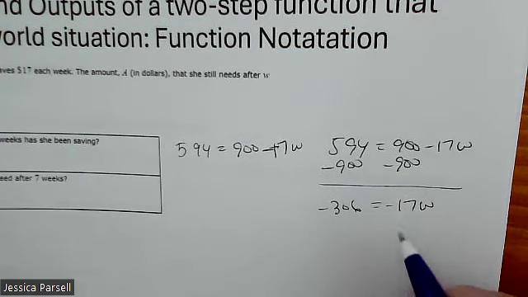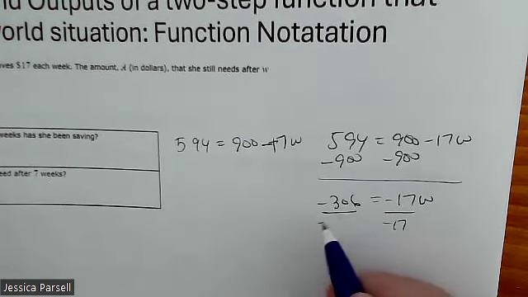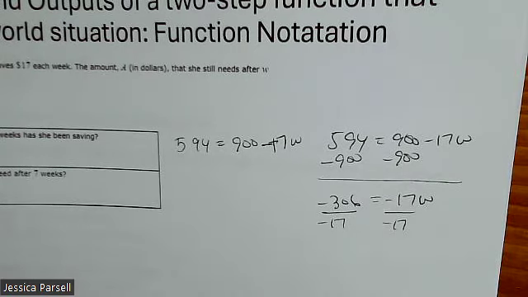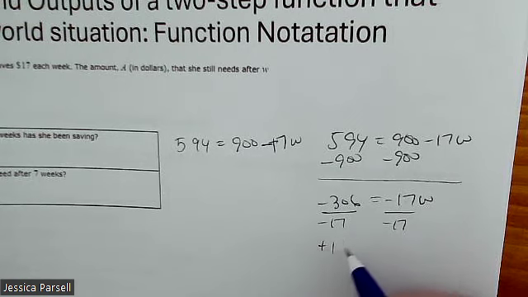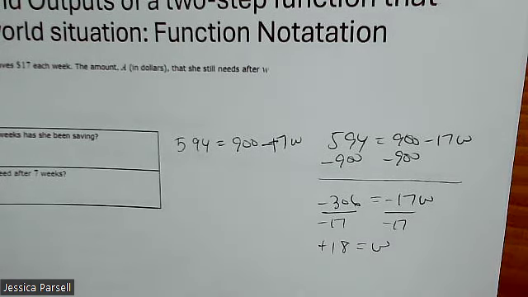We want to know how many weeks, so divide both sides by negative 17, which works in our favor, because a negative divided by a negative gives us a positive 18 weeks. So Carmen has been saving for 18 weeks, and that's how she's got $594.